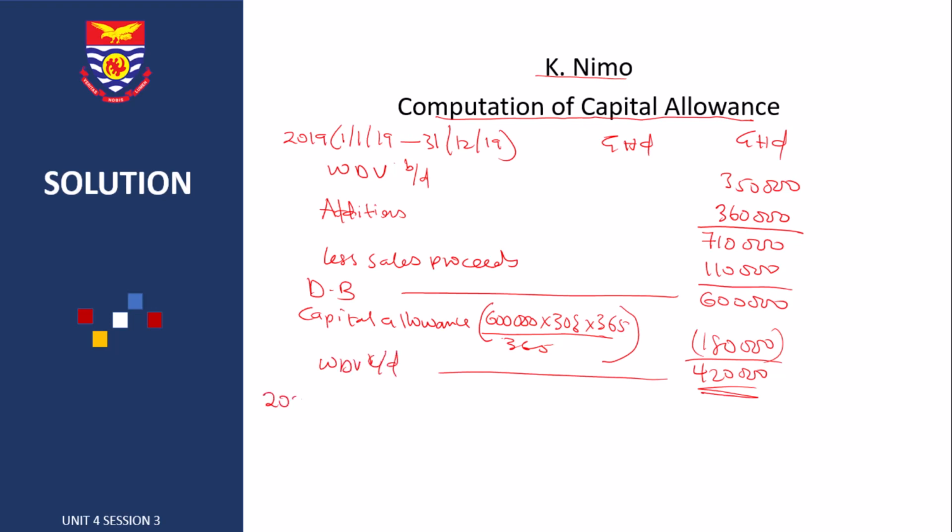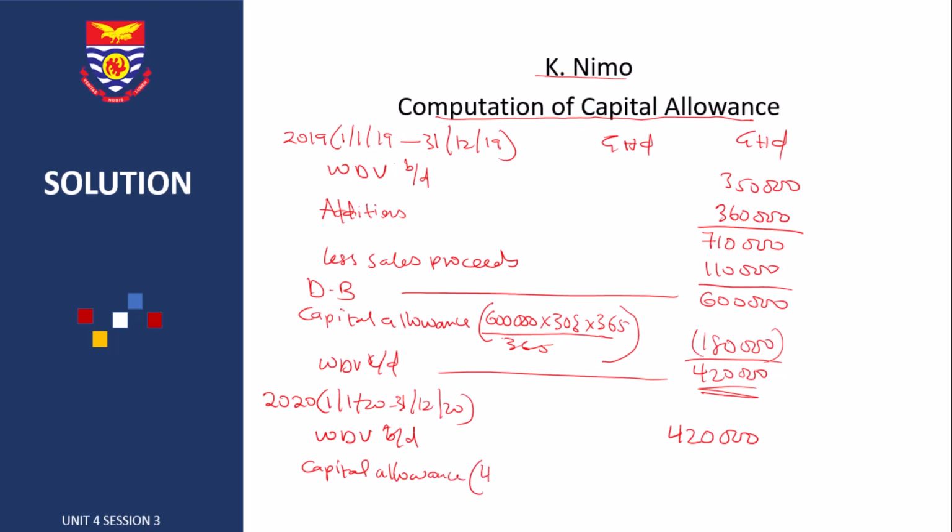Then we go to 2020. We have our year of assessment, then our basis period. Please, I hope you are following. So we bring our written down value from 2019. We said it's done on reducing balance method. So we're going to compute capital allowance using the written down value. In 2020, we had no transaction. So we are going to simply compute for our capital allowance.